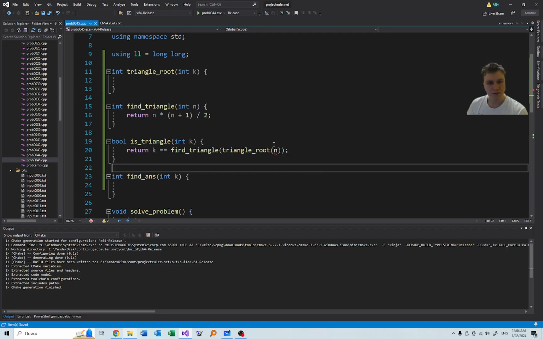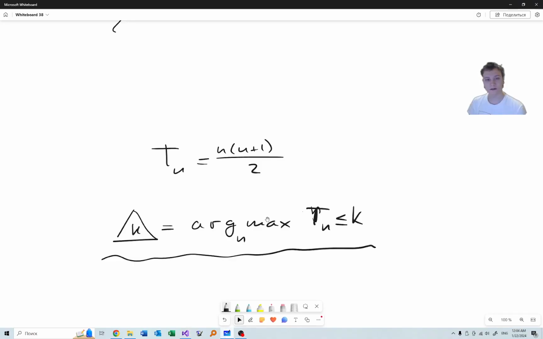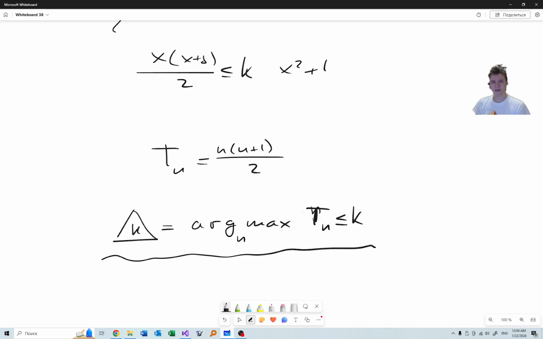What's wrong with you? Whatever. Okay, here we need to find the number. So we want x times x plus 1 over 2 to be at most k. This means that x squared plus x minus 2k is at most 0.